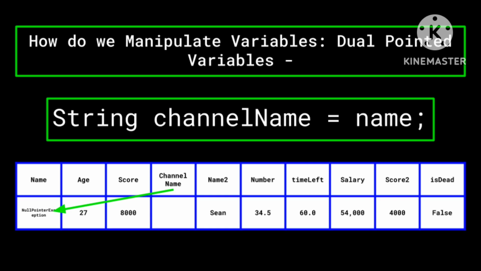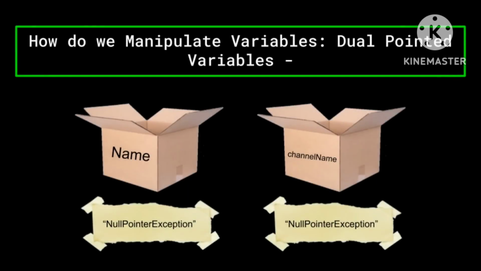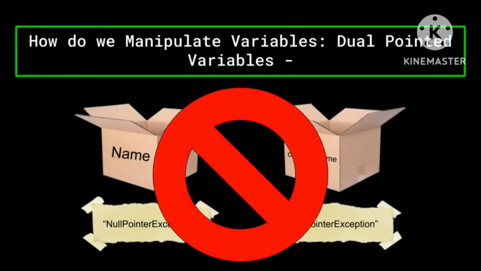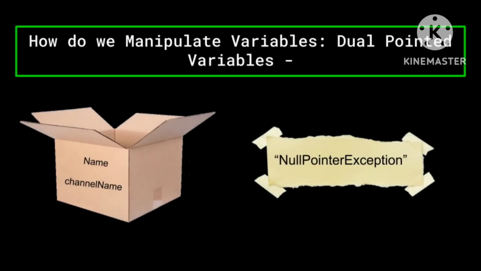Going back to our storage facility example, this would be like instead of creating a whole new box labeled channel name and storing a sheet of paper with the words null pointer exception on it, we instead simply added another label below the name box entitled channel name. Now we have two variables which point to the same contents, that being the string null pointer exception.